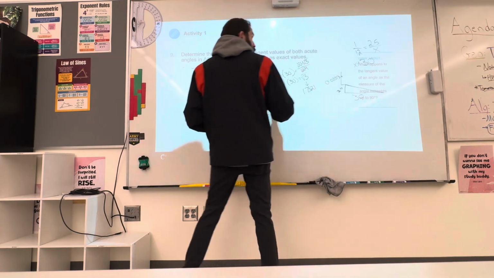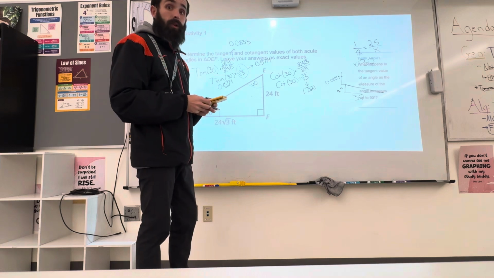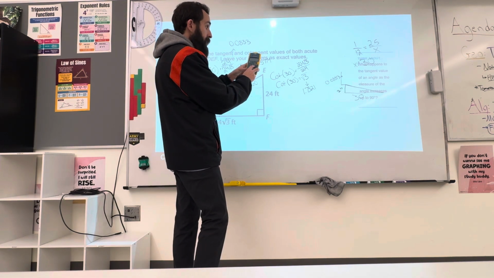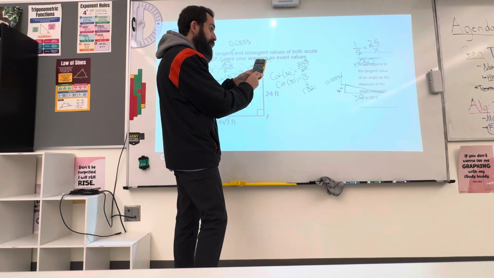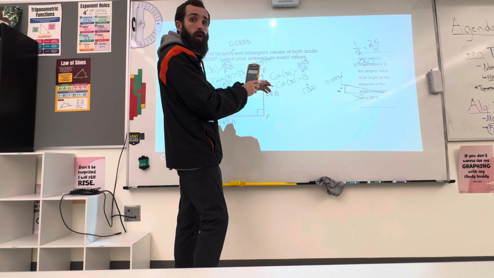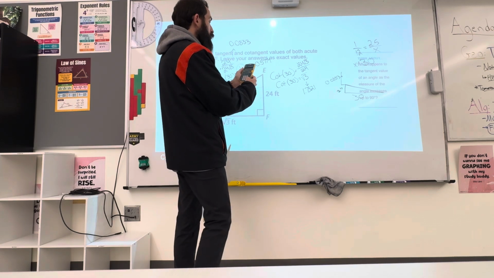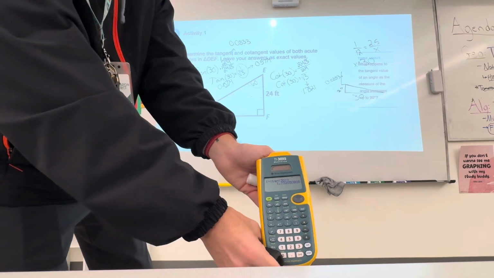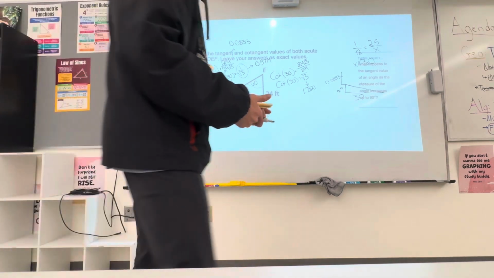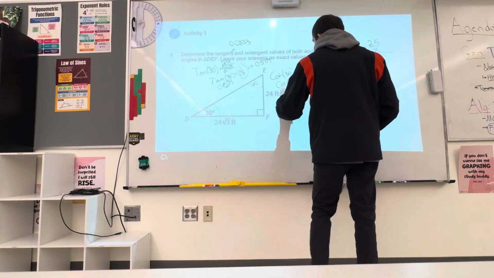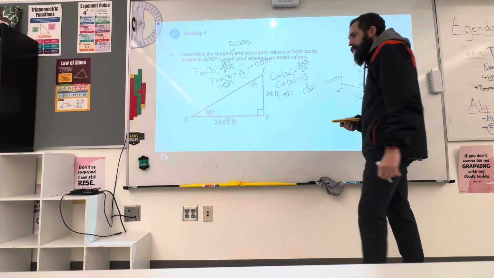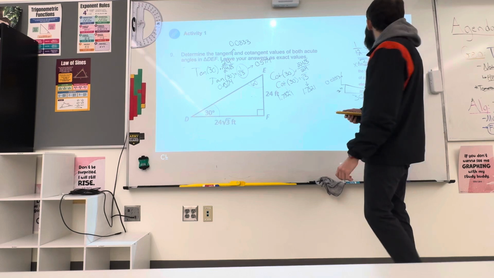What we can do is 1 divided by, parentheses, the tangent of 30, because remember, the cotangent is 1 over the tangent. Oh my goodness, wow. We just proved it again. The cotangent is 1.7321.